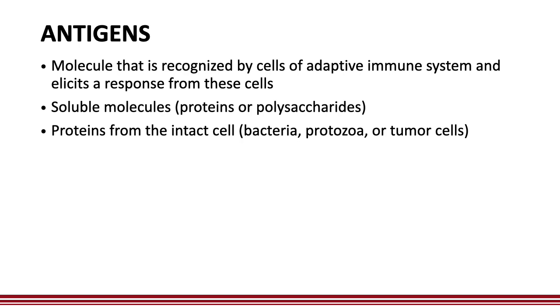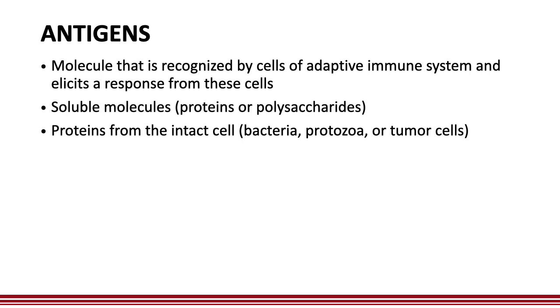A few slides ago, I mentioned the fact that specific antibodies react with specific antigens. Now, when we talk about antigens, they are molecules that are recognized by cells of the adaptive immune system and which elicit a response from these cells.